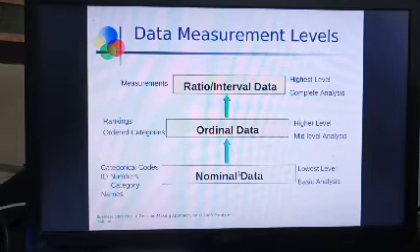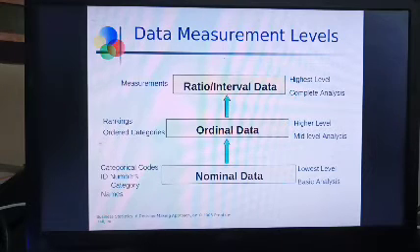Now, data measurement levels. What is this? Measurements, rankings, or ordered categories, categorical codes like ID numbers, category and names. They say that the nominal data is the lowest, or basic, level, and provides the basic analysis.